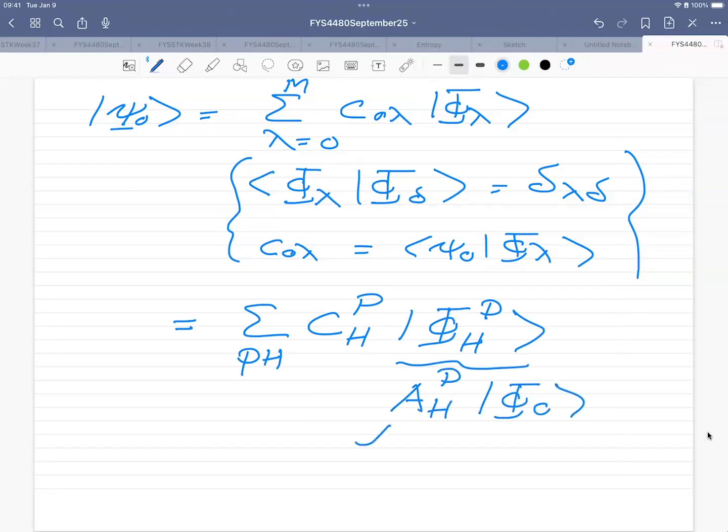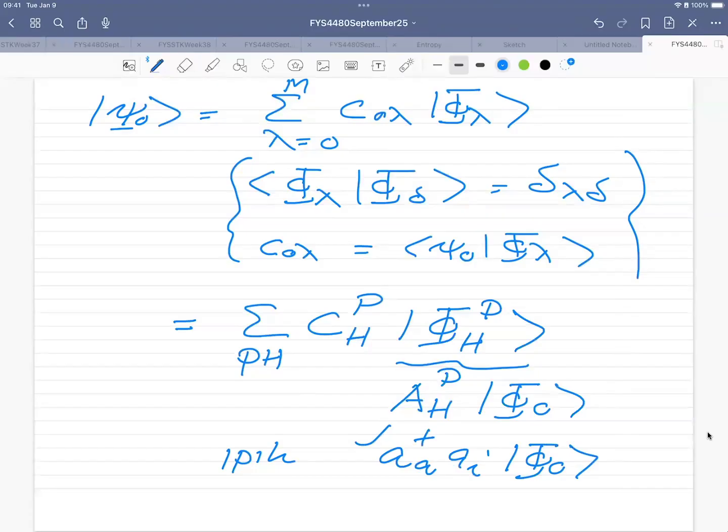And this operator could be, if we have a one particle, one hole case, given by a_A^† a_I acting on phi 0. So that would be a typical example of a one particle, one hole case.